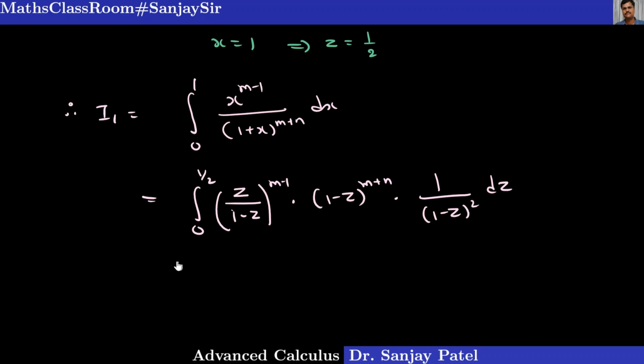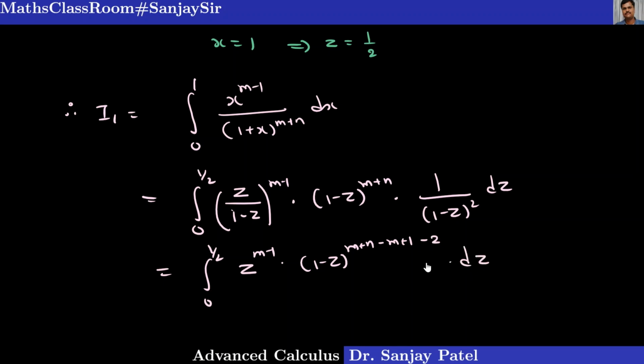Now simplifying further, we will get integral 0 to 1 by 2. There is only one z term, so it is z raised to m minus 1, and simplifying this, 1 minus z raised to m plus n upon 1 minus z raised to m minus 1. That becomes minus m plus 1, and this becomes minus 2, into dz.